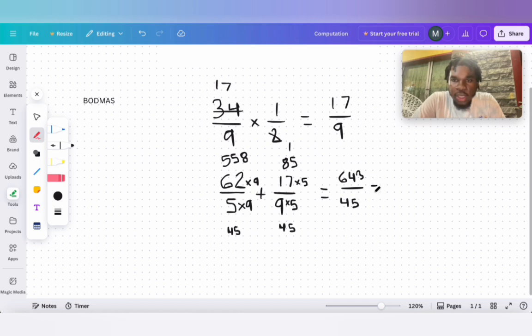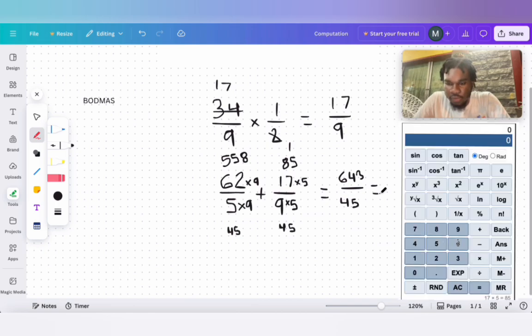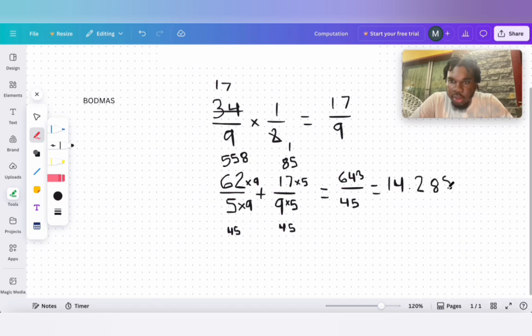We could put this as a decimal by representing it as division in a calculator. 643 divided by 45 would give us 14.288 recurring.